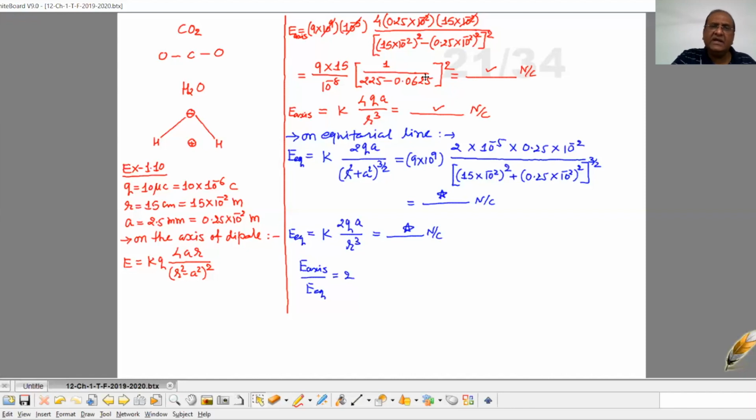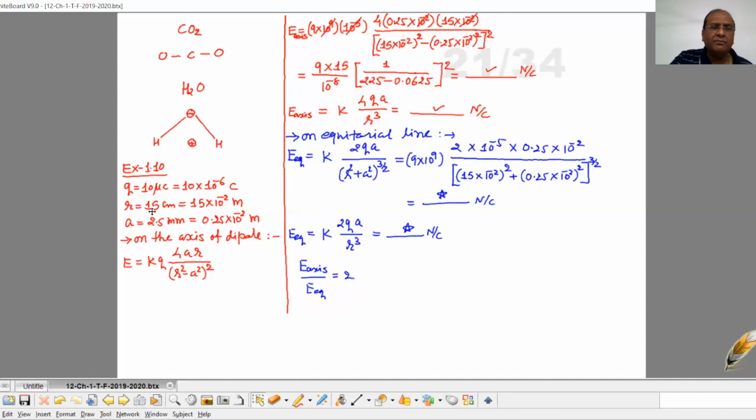But in theory, we directly derived this equation, and this equation is valid for any point situated at any distance. Clear? So directly we can use it. And these two equations are special cases.